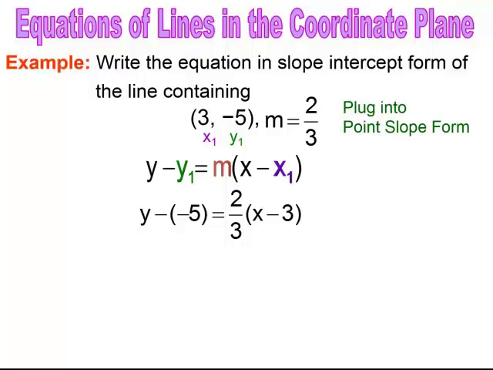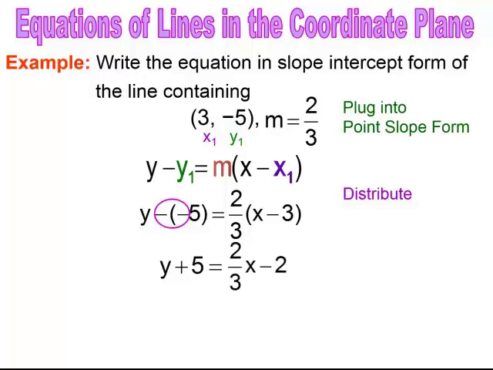So now when you're solving for y, you have to notice that when you have a -y1, you're going to have a double negative, and that's going to change to a plus. So you end up with y plus 5, and then you're going to have to do the distributive property. You have to do the distributive property in order to solve for y, and you have a fraction on the outside.